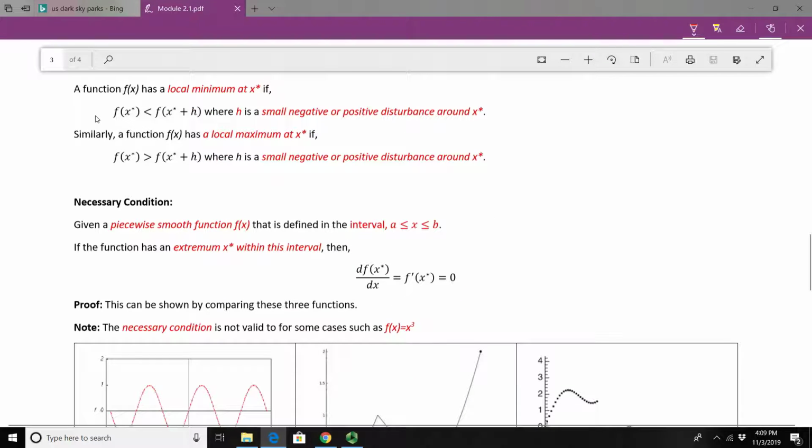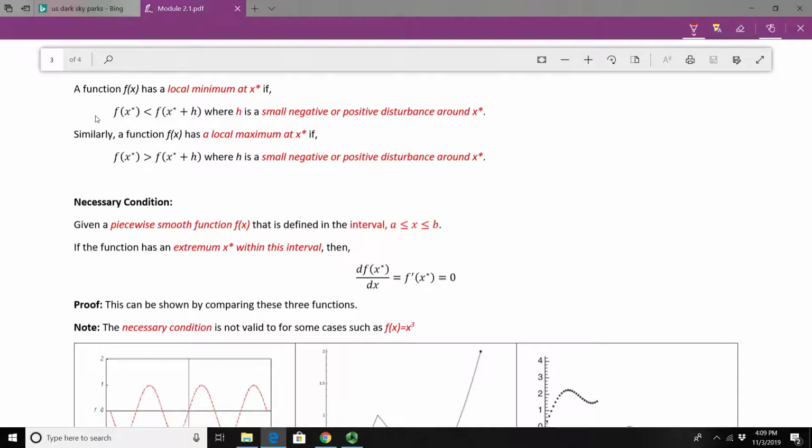So what did Newton say? Newton said that a function f(x) has a local minimum at point x star if f(x star) is less than f(x star plus h), where h is a small negative or positive disturbance around x star.